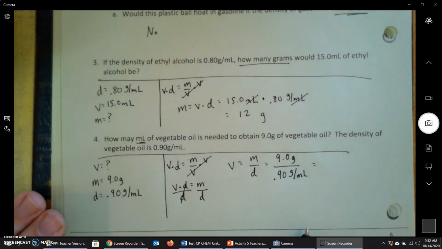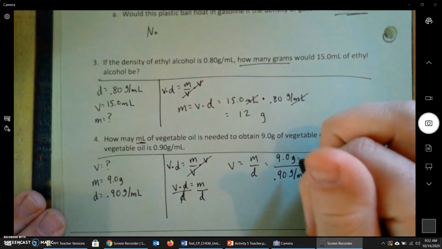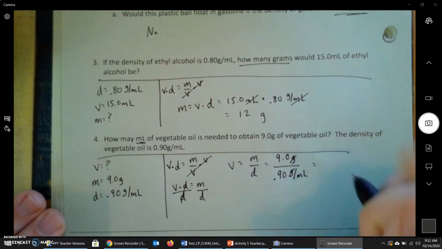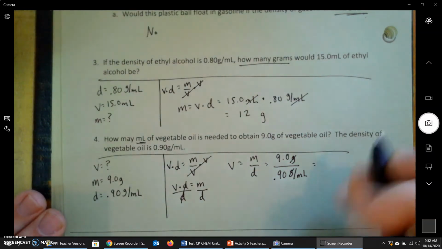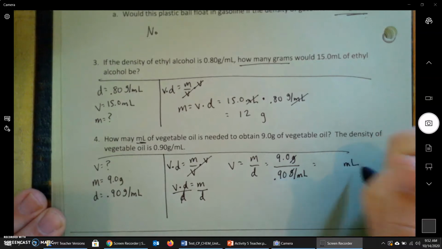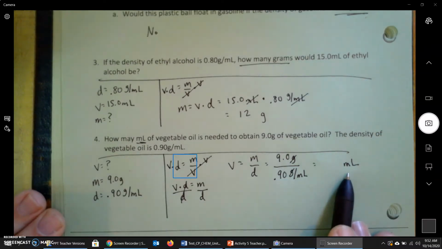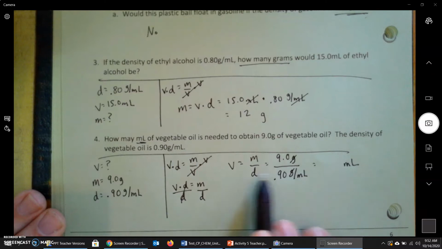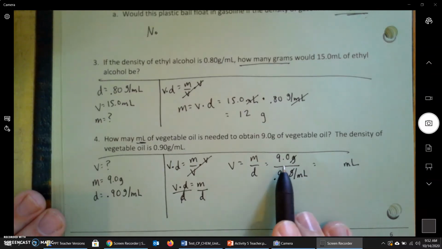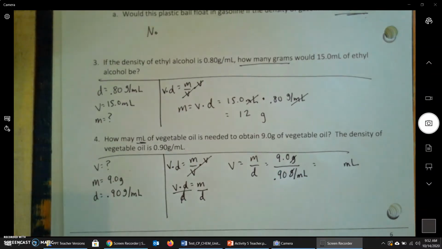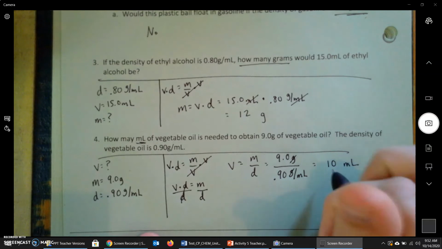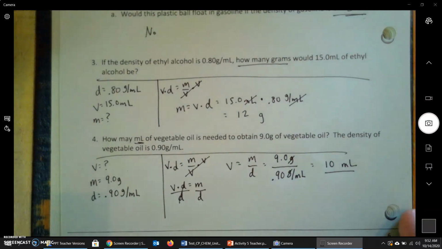In this situation, my grams would cancel out, leaving me just with the unit of milliliters. And that makes sense because a milliliter is an acceptable unit for volume. And now I would do 9.0 divided by 0.9, and I got 10 milliliters as my volume.